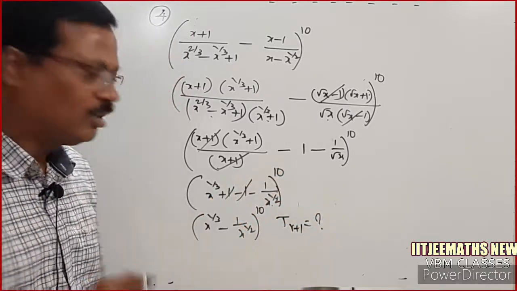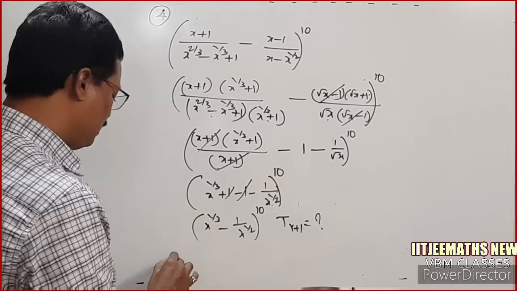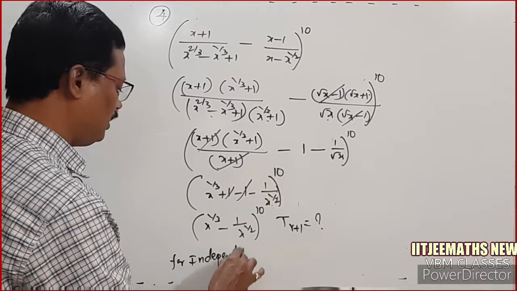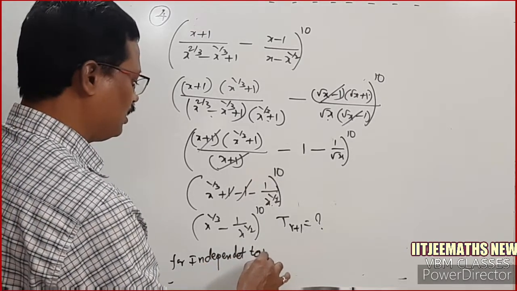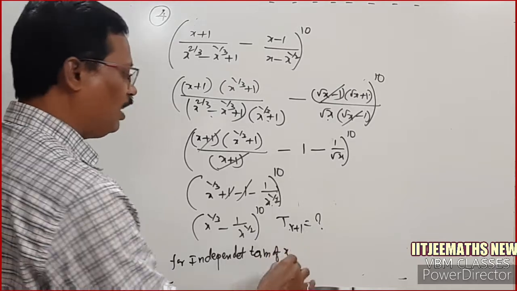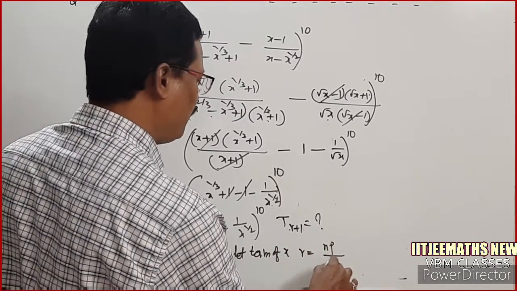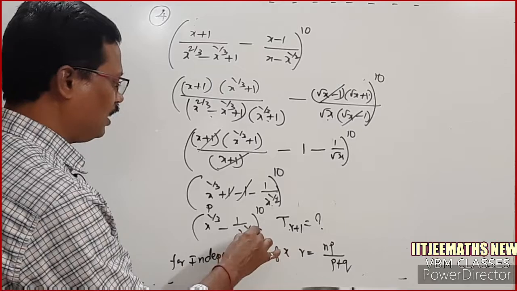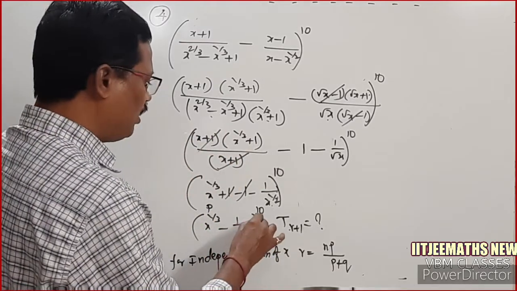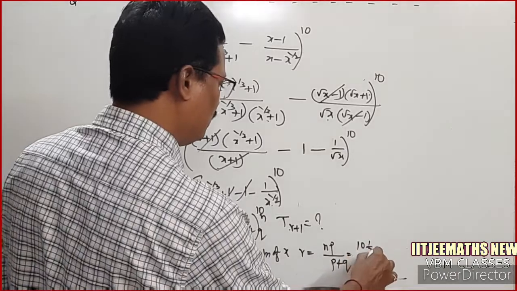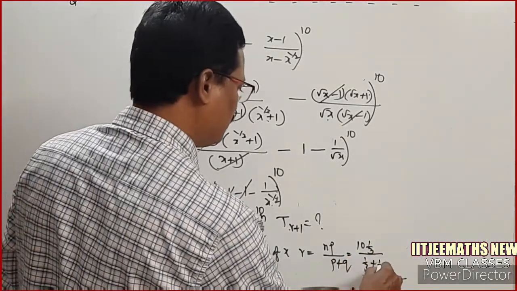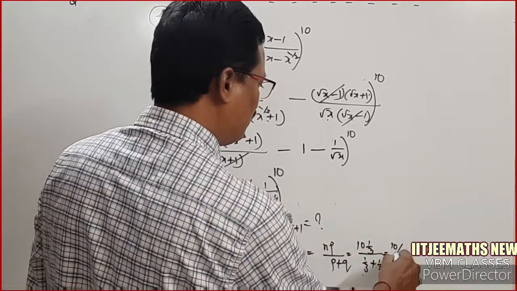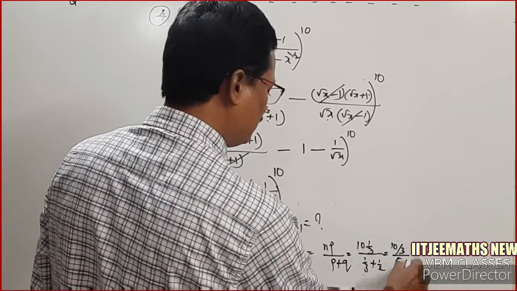For the independent term of x, this R will be NP by P plus Q, where this P is 1 by 3 and Q is 1 by 2. Therefore N is how much? 10. Therefore 10 into 1 by 3 by (1 by 3 plus 1 by 2). Now simplify, that will be 10 by 3 by 5 by 6.